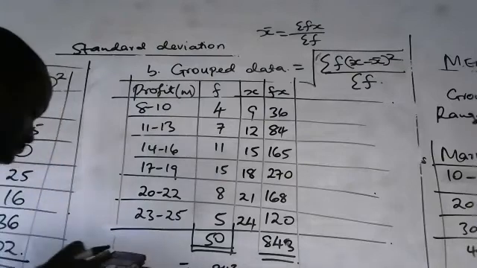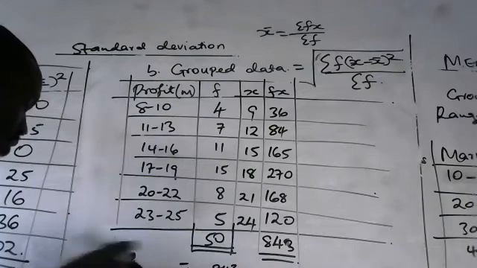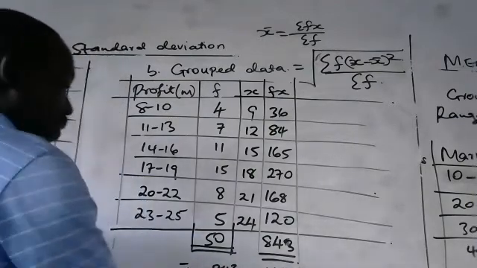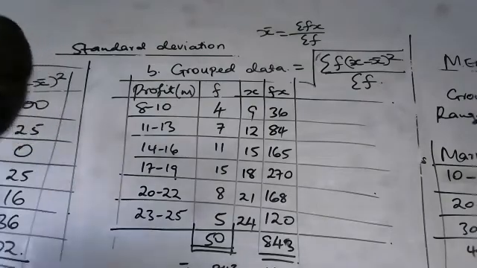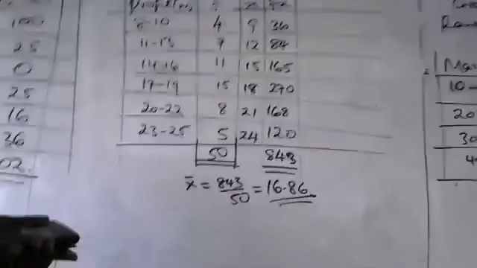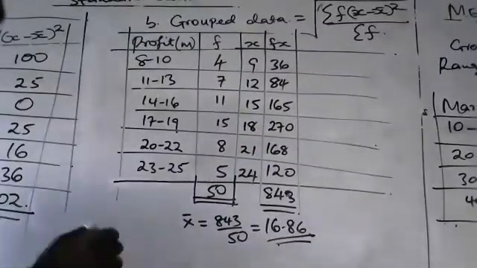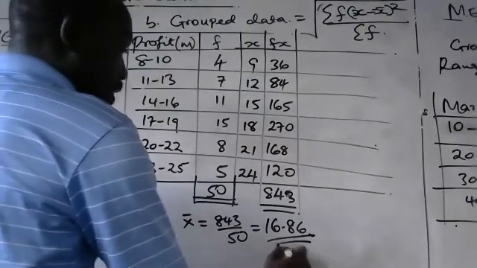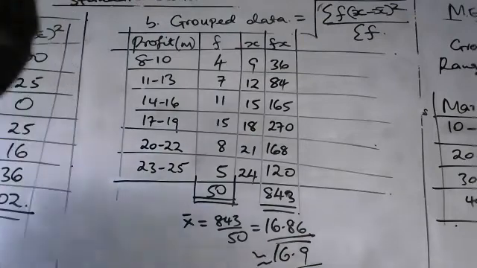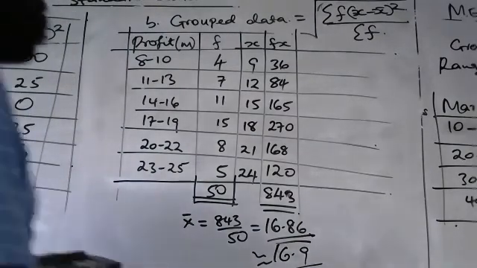It comes to 16.86. Let us call it 16.9, one decimal place for ease of computation.